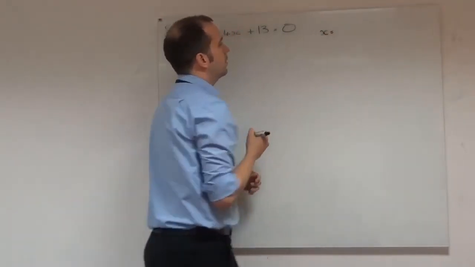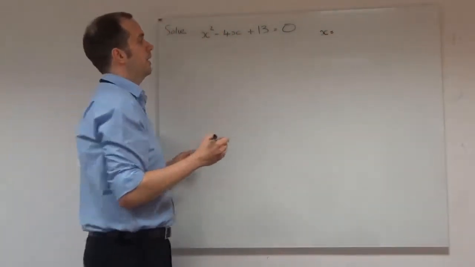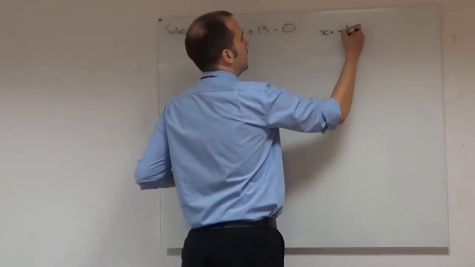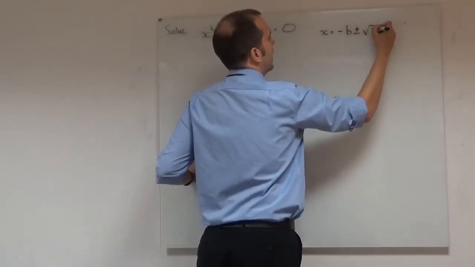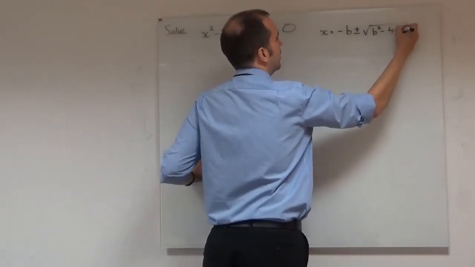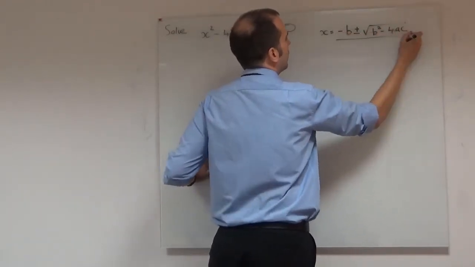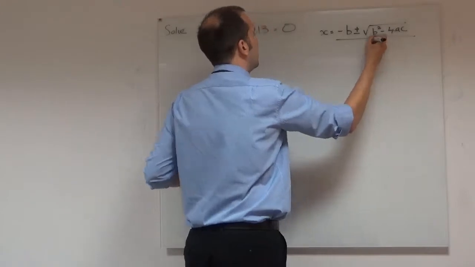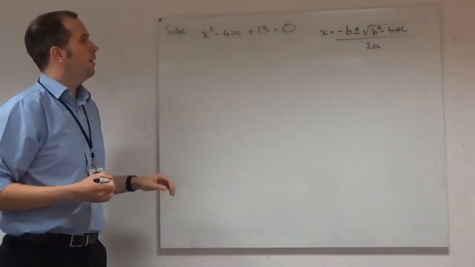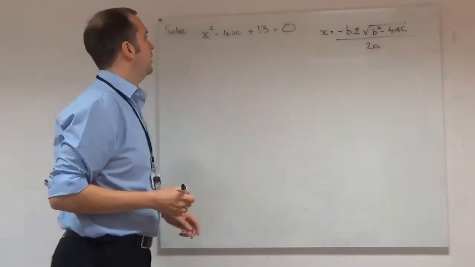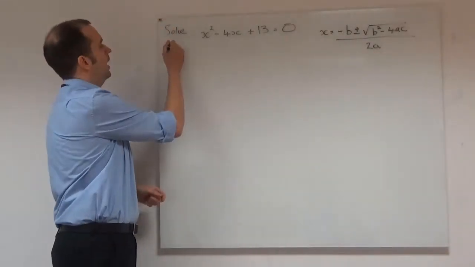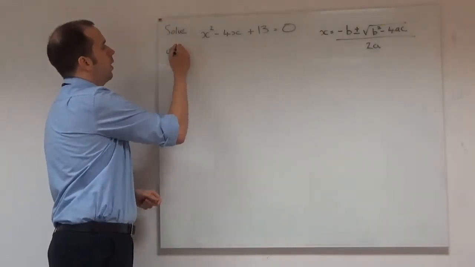It tells us x, the solution to our quadratic equation, is equal to minus b plus or minus the square root of b squared minus 4ac, and then that's all divided by 2a. Now remember, a is the coefficient of the x squared term, so in our case a is equal to 1.